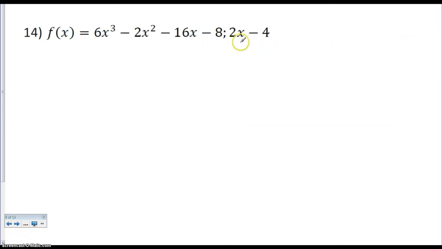So this time we're taking 2x minus 4 into this, and we're just going to repeat the process.